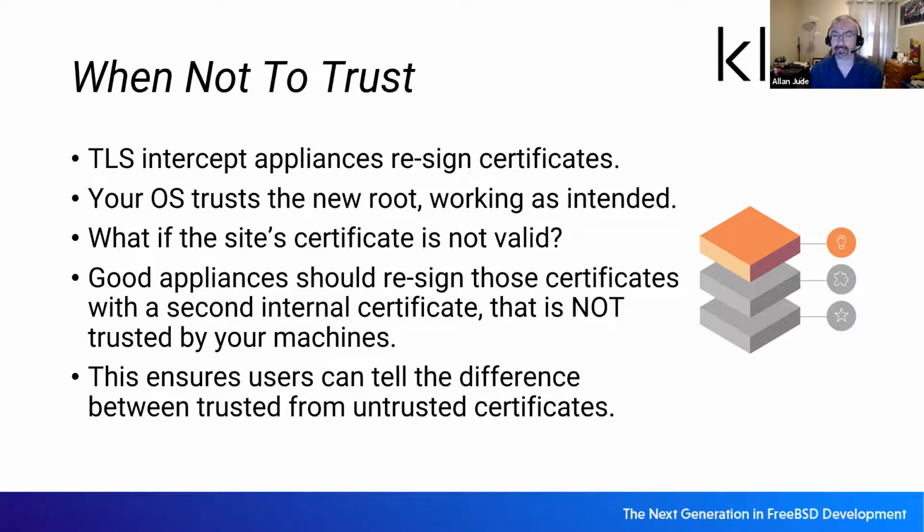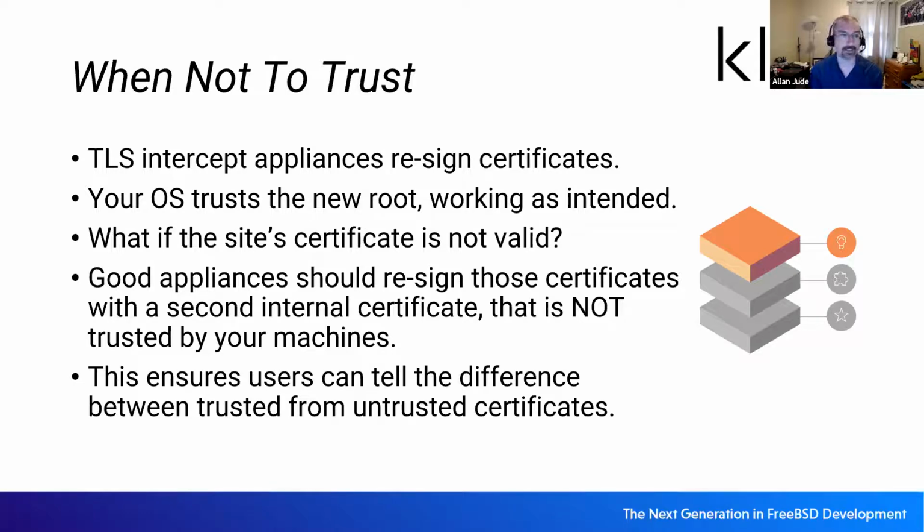What these appliances end up doing is they'll make the connection out to, say, GitHub, and GitHub will present its certificate. And then the appliance will actually sign that certificate from the appliance itself. The appliance will have its own root certificate authority, and it will sign the GitHub certificate and pass that along to your machine when you connect.